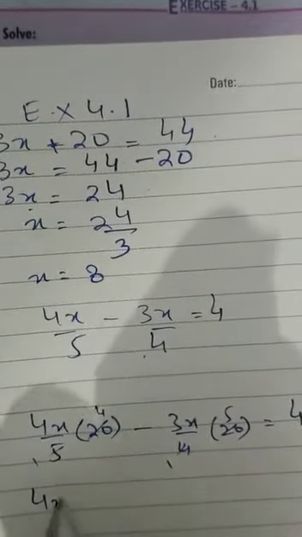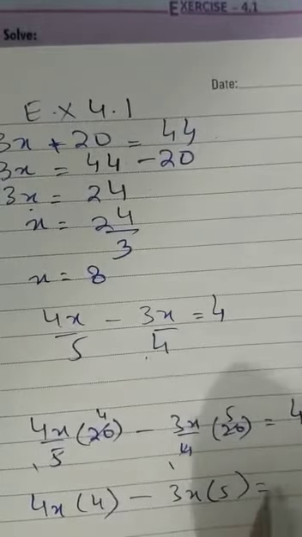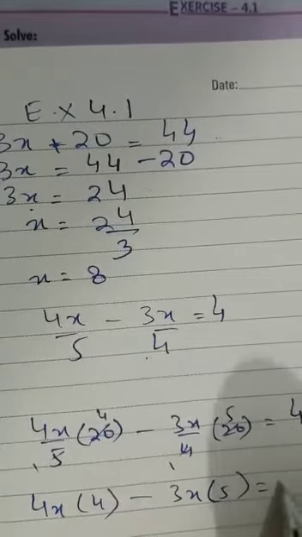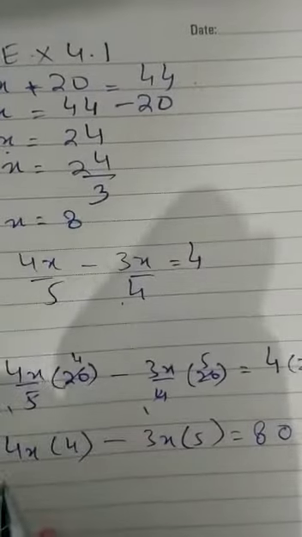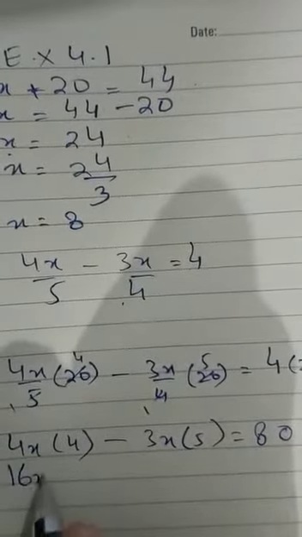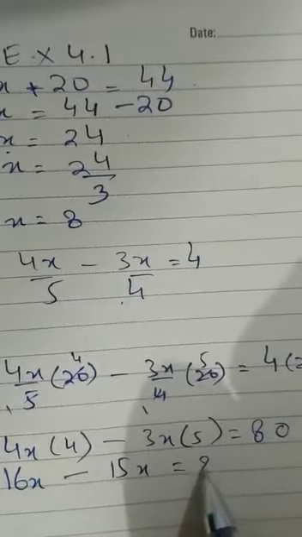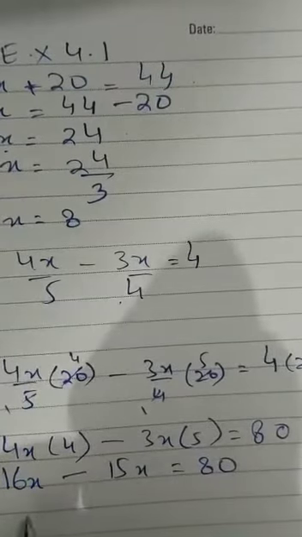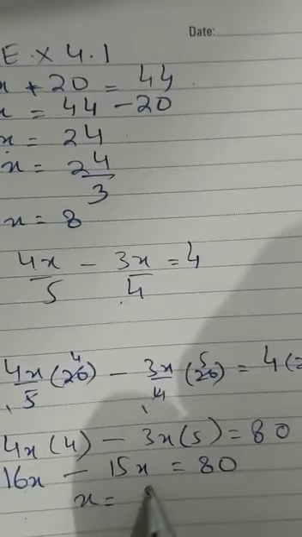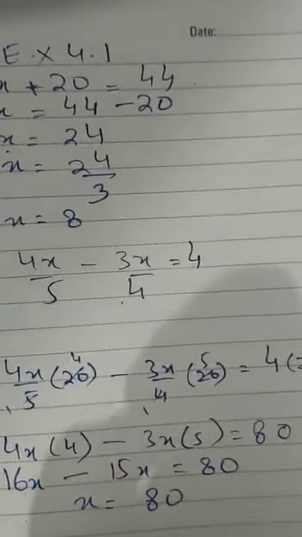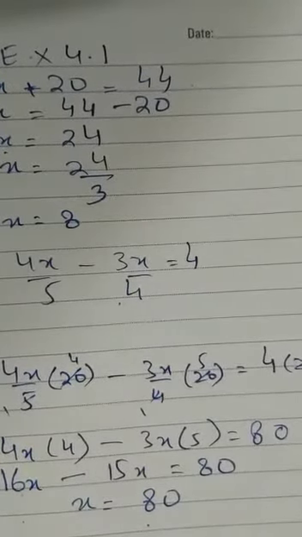What we get here is 4x into 4 minus 3x into 5, and 4 into 20 is 80. You can see 4 into 4x is 16x, minus 5 into 3x is 15x, which is equal to 80. When we subtract them, it will be 16 minus 15, so x is equal to 80. We get the value of x here.